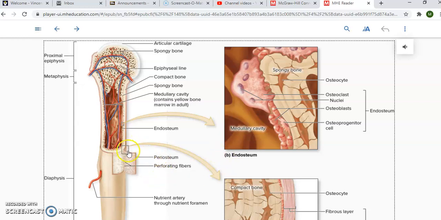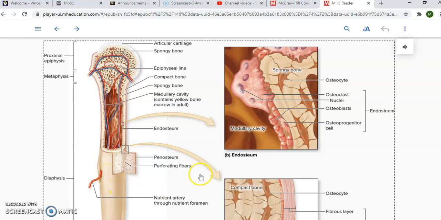So on the outside of our bones, covering the compact bone, there is a thin connective tissue that is tightly adhered to the surface of the bone. You would have to cut it and peel it away to actually get it off. So it fits on the bone very snugly.